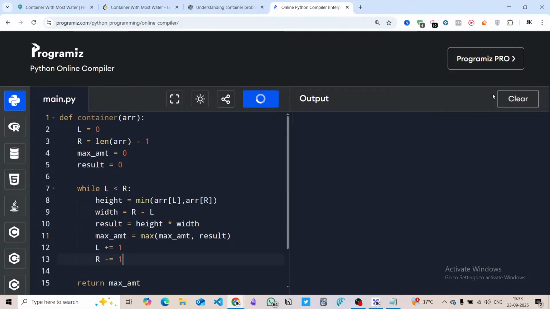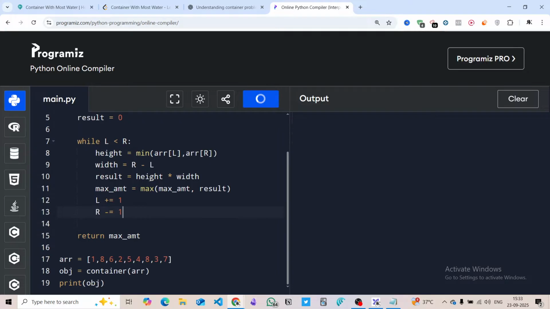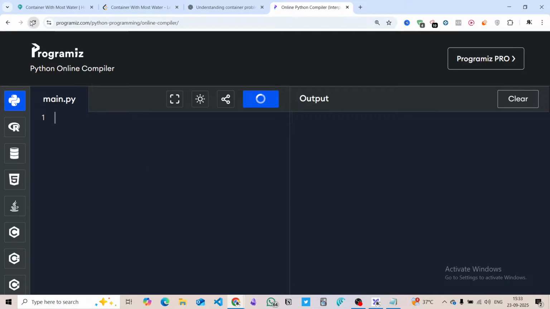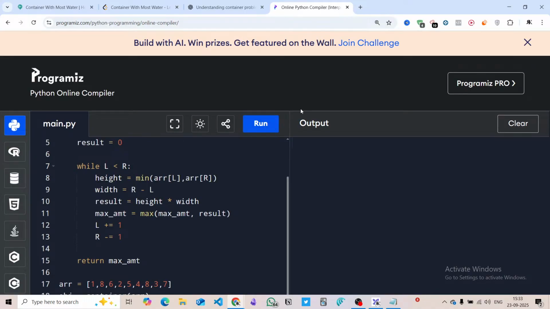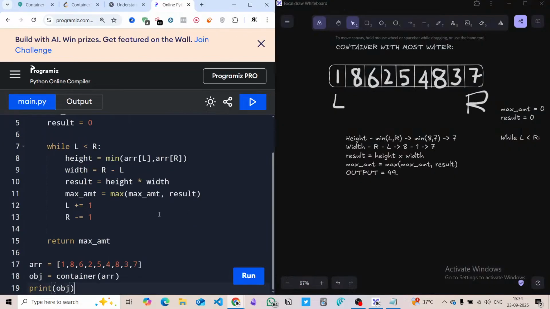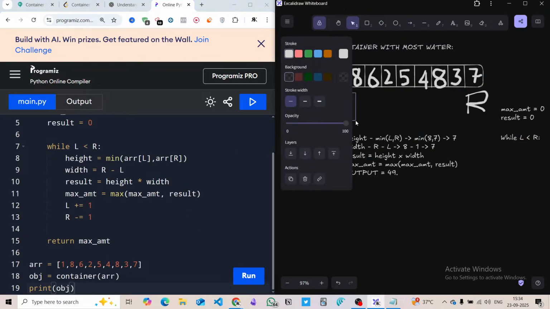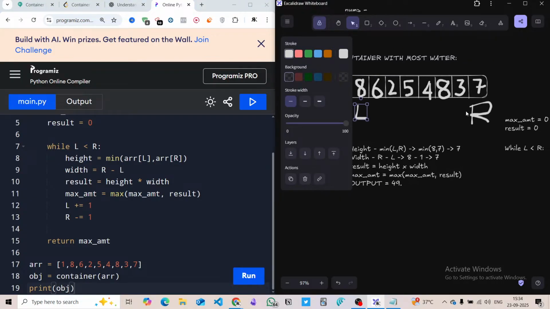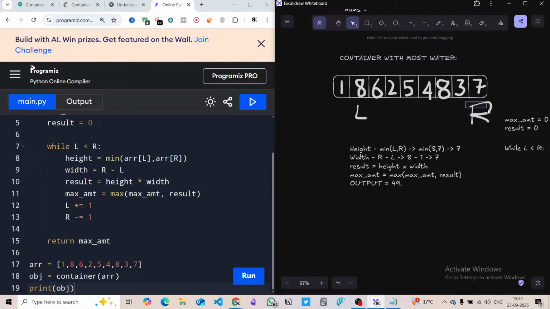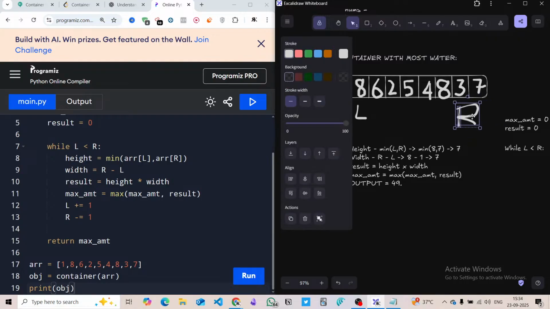Okay. So L plus equal to 1, and R is minus equal to 1.